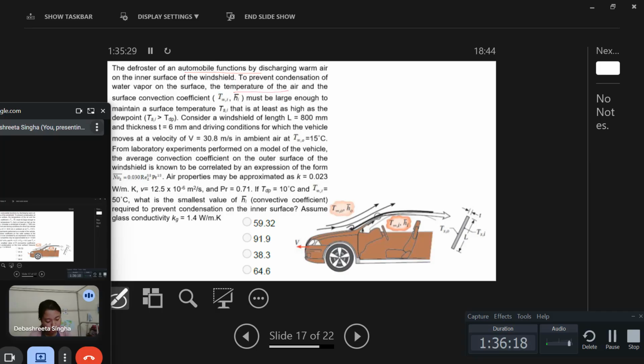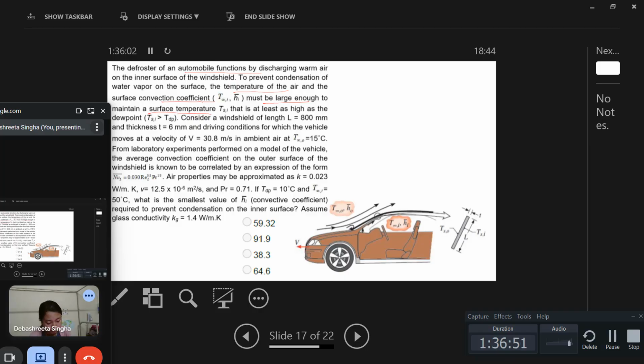That means the temperature of the air should be high so that there is no condensation, and also the surface convection coefficient, that is heat transfer rate, should be high. That must be large enough to maintain a surface temperature T_si that is at least as high as the dew point. Why as high as the dew point? So that it does not condense.